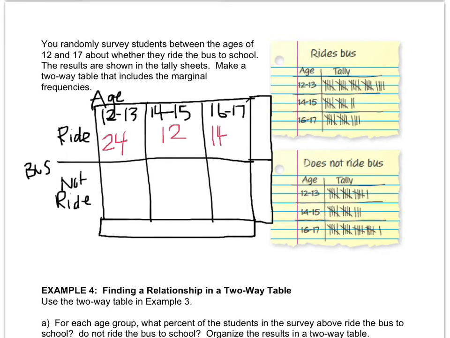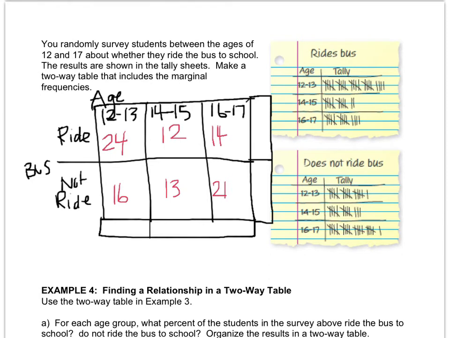That's 14. I'll do the marginal frequencies at the end. How many people are 12 to 13 and don't ride the bus? How many people are 14 to 15 and don't ride the bus? How many people are 16 to 17 and don't ride the bus?